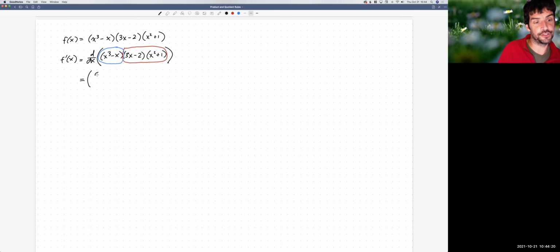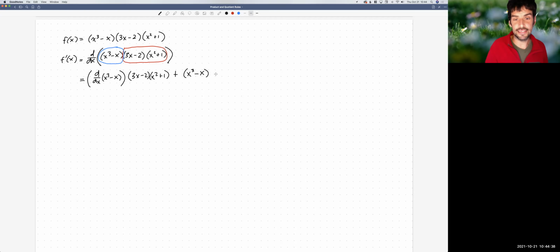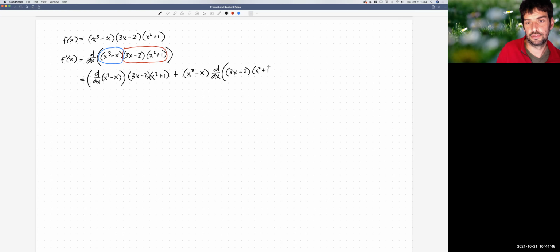Take the derivative of the first function and leave the second function alone. Then leave the first function alone and take the derivative of the second function. All right, so in my colored notation, I've got a red function and a blue function, and I'm taking the derivative of them.